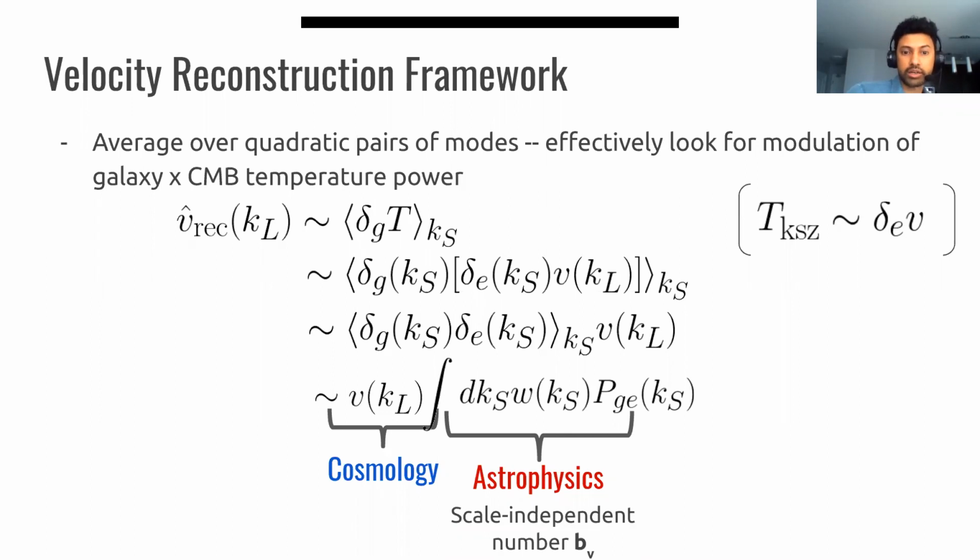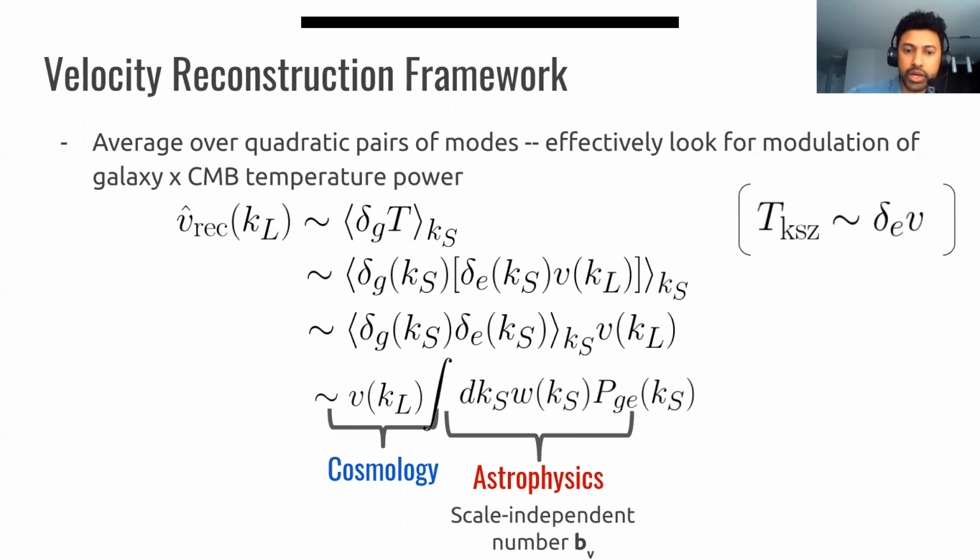What you end up getting is a reconstruction, once you've summed over these pairs of modes, that's proportional to the underlying cosmological velocity modes on the largest scales. But that entire thing ends up being biased by an uncertain factor, which is an integral over the small scale modes. What it ends up precisely being is the cross correlation between the galaxies and electrons. So that's what we're showing here: we're clarifying what the optical depth degeneracy really means.